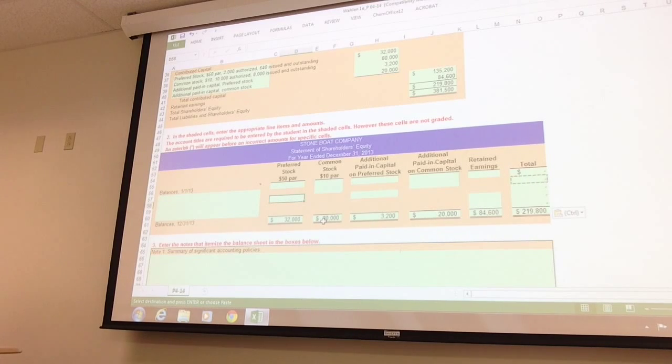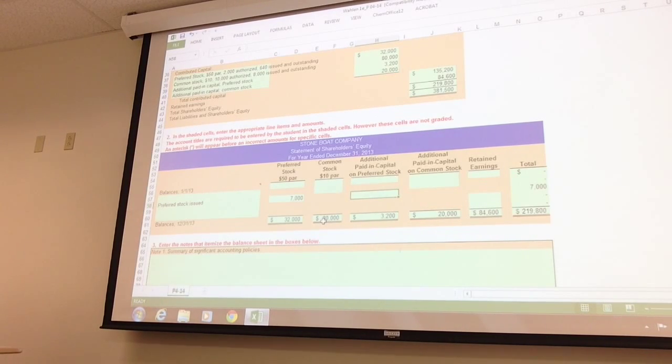Okay. So we have preferred stock issued. And it tells us in here on number 9 that 140 shares were issued during 2013 at $55 a share. So at $55 a share, 140 shares is 7,000 at par.